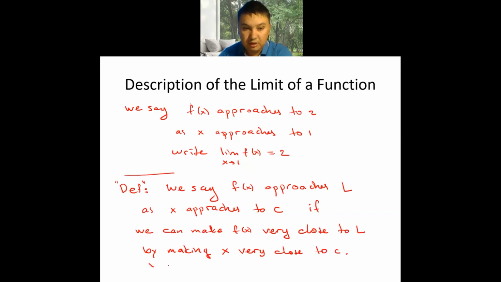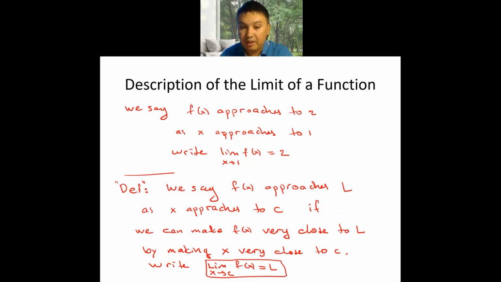In this case, again, we write the limit as x goes to c of f of x is equal to L. That's how we write it, and that's what we mean by this.